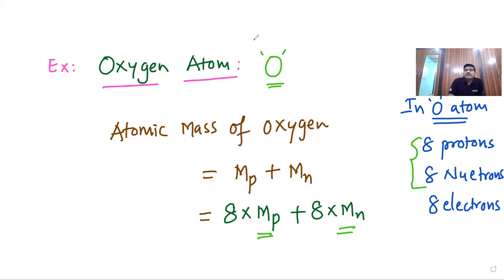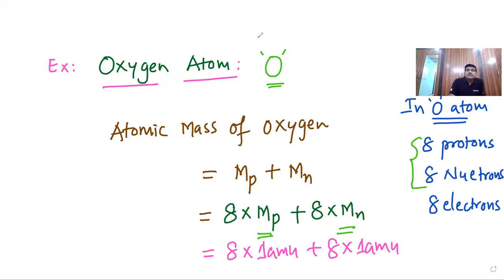What is the mass of 1 proton? The mass of 1 proton is 1 AMU, 1 atomic mass unit, plus what is the mass of 1 neutron? 1 AMU.